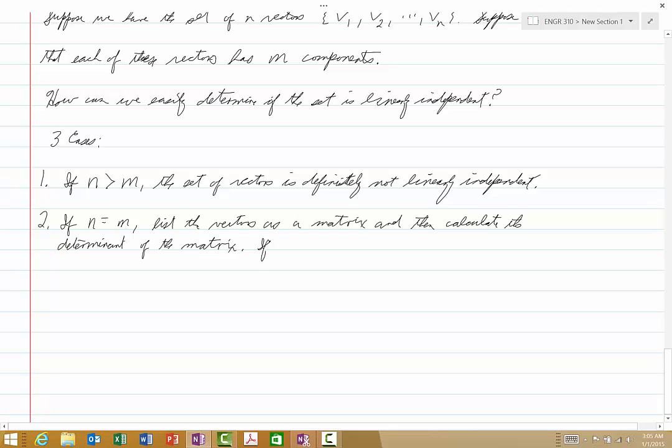If the determinant has any value other than 0, the vectors are linearly independent.